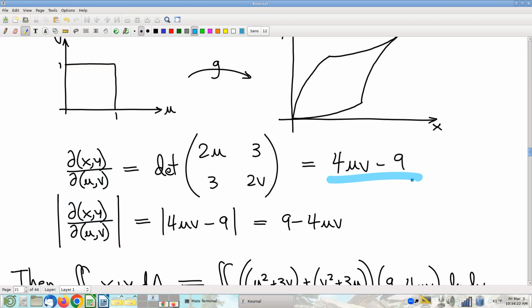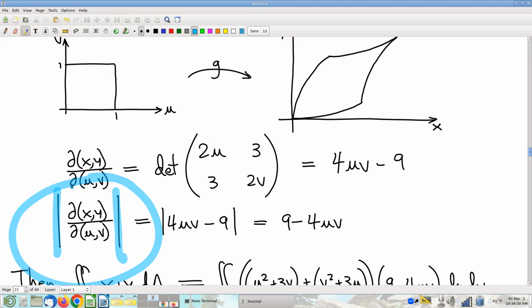Now here's a tricky bit. I'm going to have to figure out what to do with the absolute values. Very importantly, the stretching factor is not the Jacobian determinant. The stretching factor is the absolute value of the Jacobian determinant.